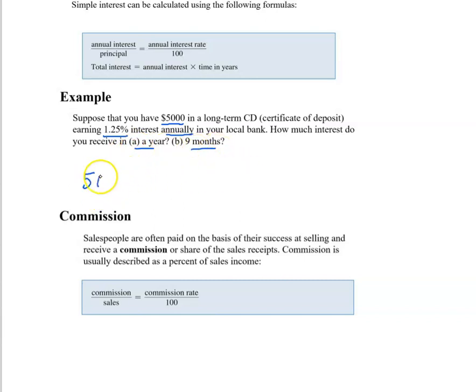So what we know is we're starting with our $5,000. Well, we're going to get back what we already had. So if we get back what we already have, we're going to multiply by 1. And in addition to that, we're going to get back 1.25%. I want to change that to a decimal, so I'm going to divide by 100, which would be 0.0125.